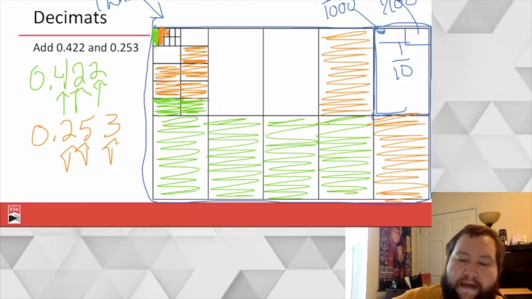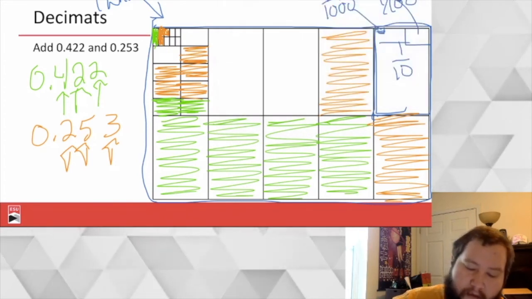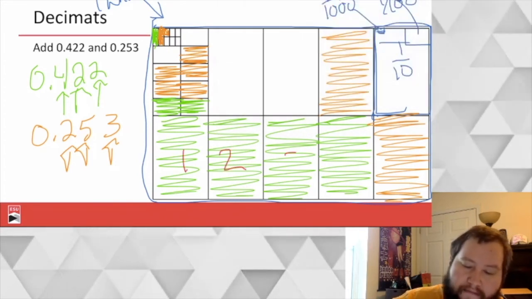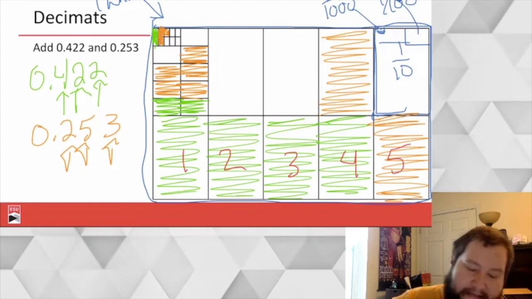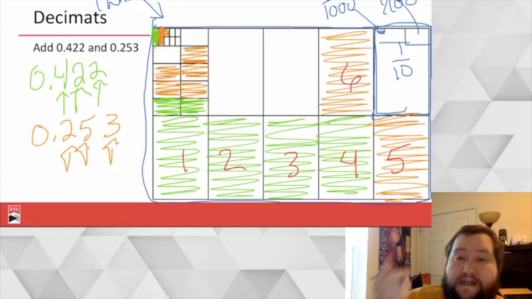And so since we're looking at the sum, we care about the total amount of each. So we have 1, 2, 3, 4, 5, 6/10. So I'm going to write this as a fraction, and then we'll go back to the decimal.